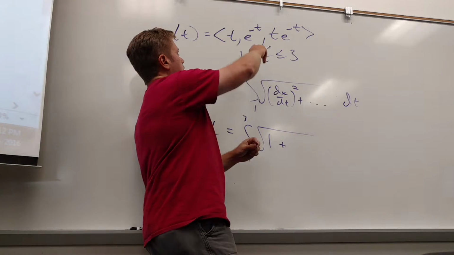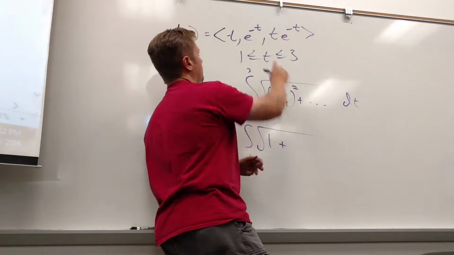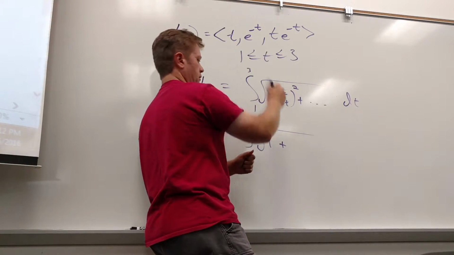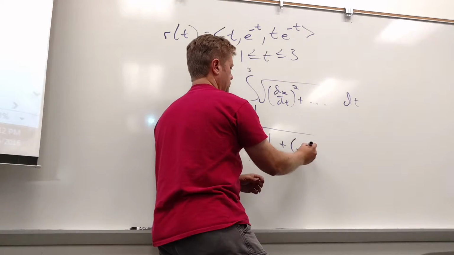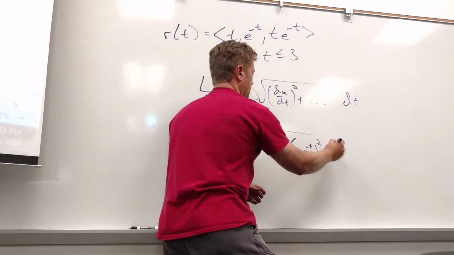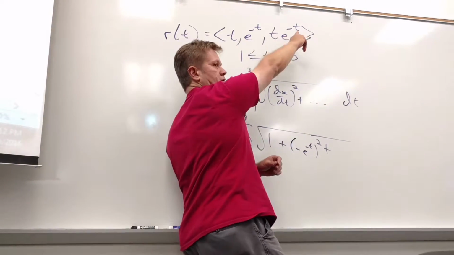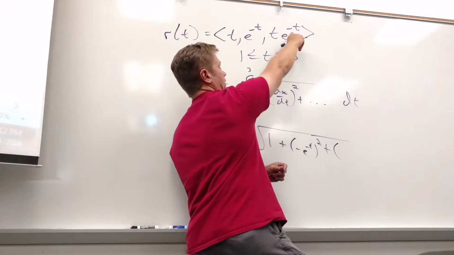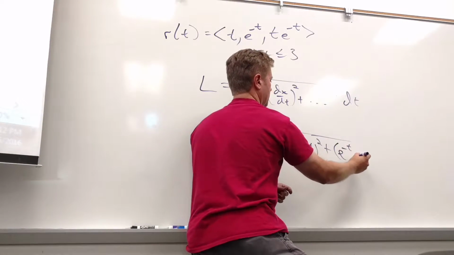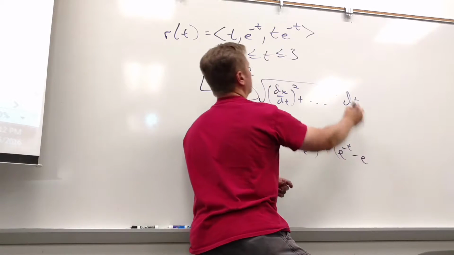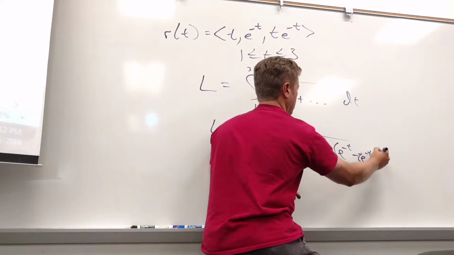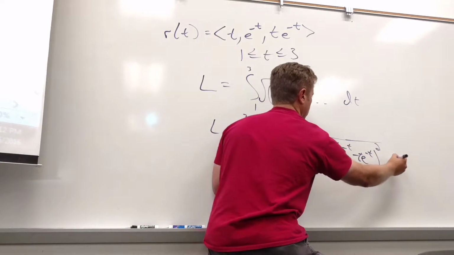Plus negative t e to the negative t, and then you square it, right? Is that cool? So it'll be negative t squared plus e to the negative t, squared. That looks yummy.